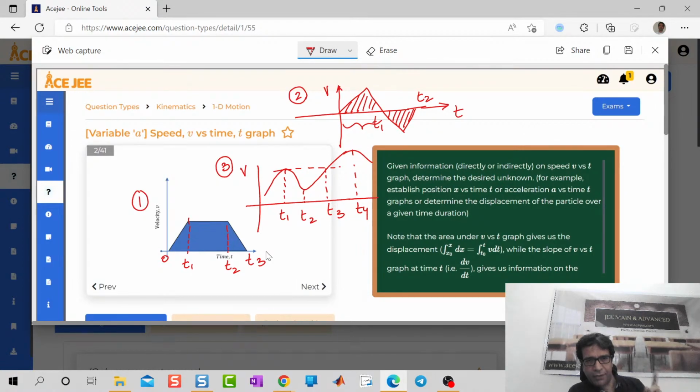By the way, I'm talking about average acceleration. Can someone tell me the definition of average acceleration? Final velocity minus initial velocity divided by the time duration. That's simple and straightforward. Yes, sir.